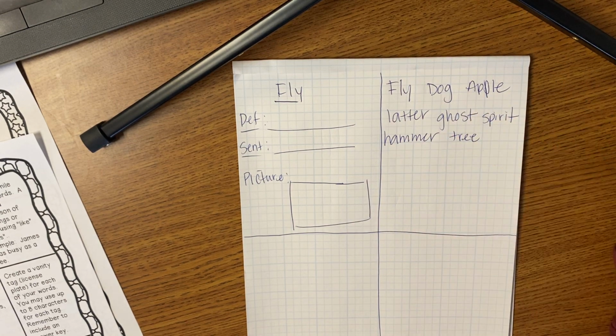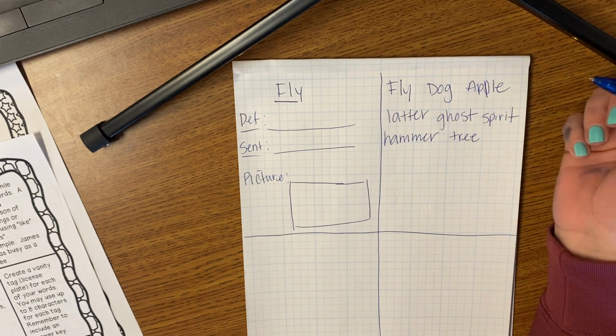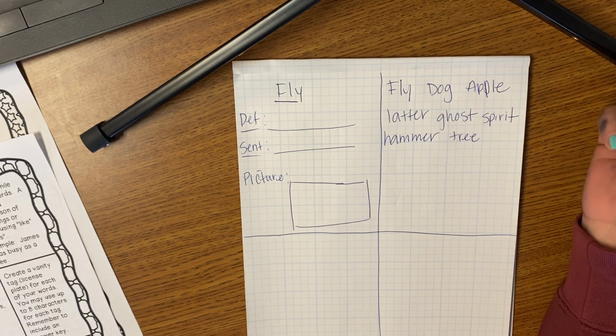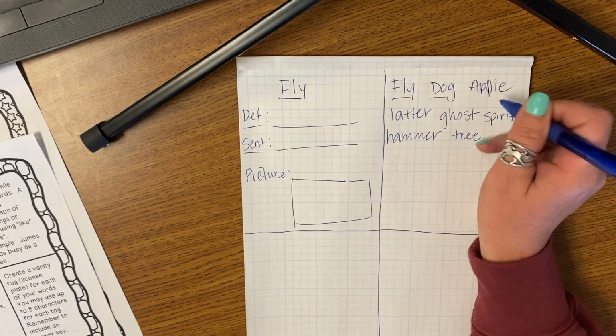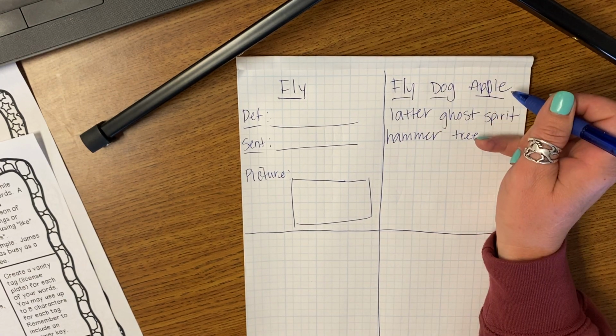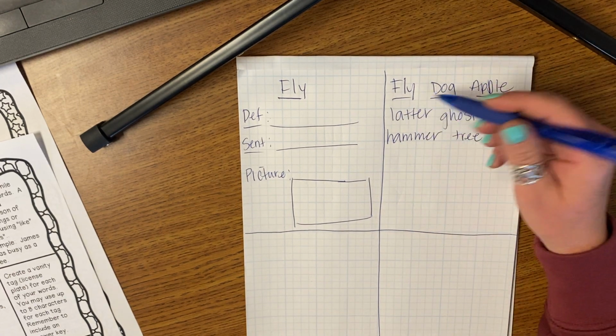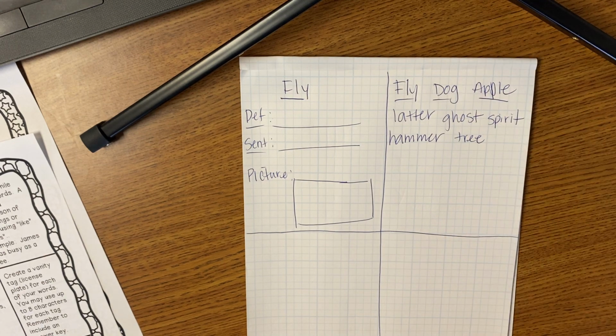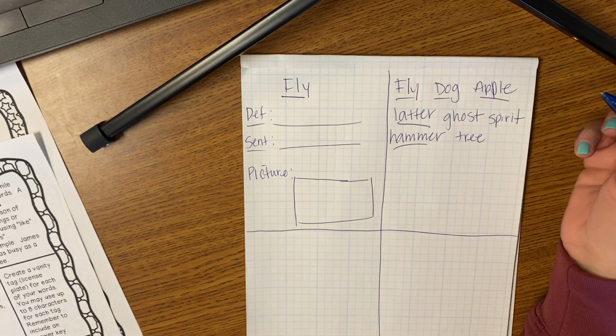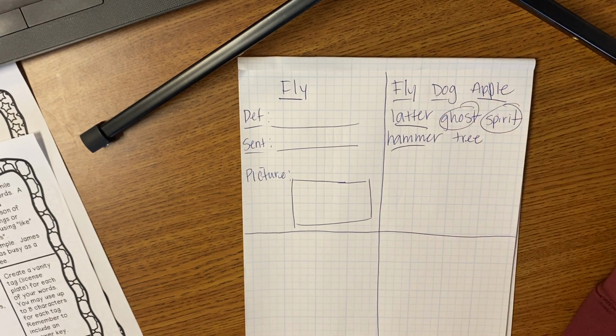So I have to look at all these words and think, okay, which words could I group together? Well, I'm going to put ladder and hammer together. Ghost and spirit, those are pretty obvious.